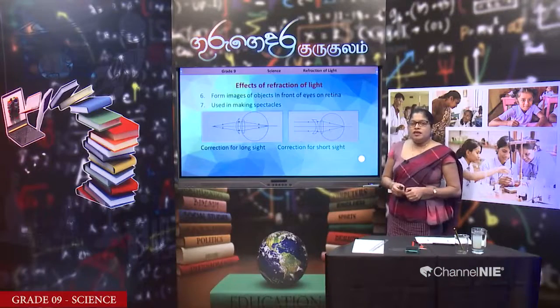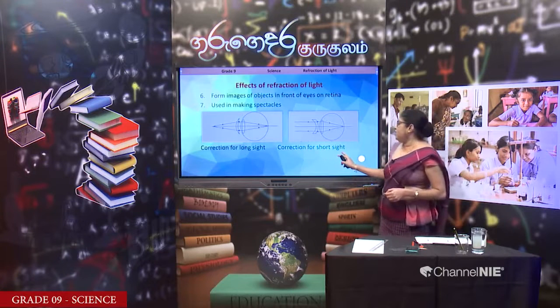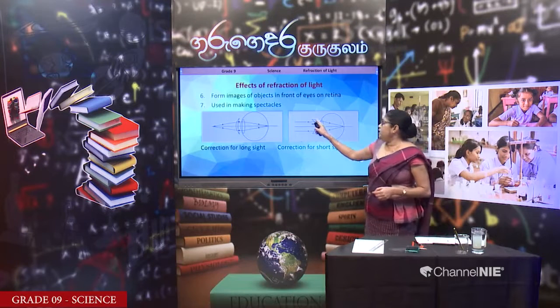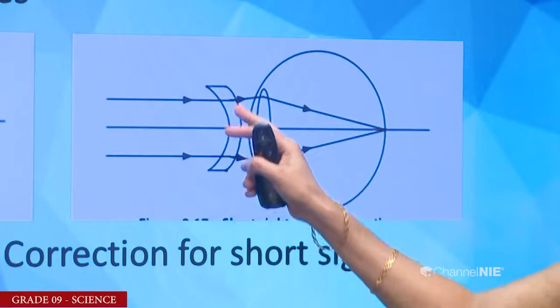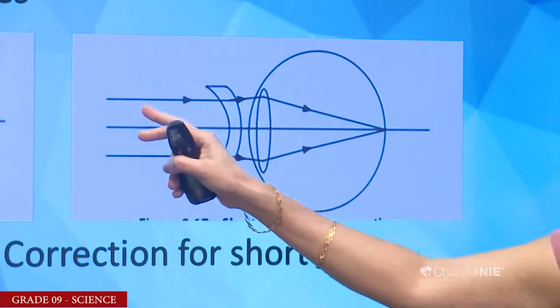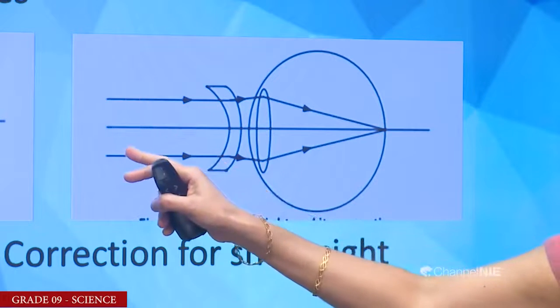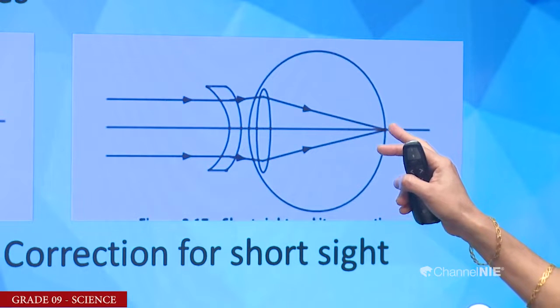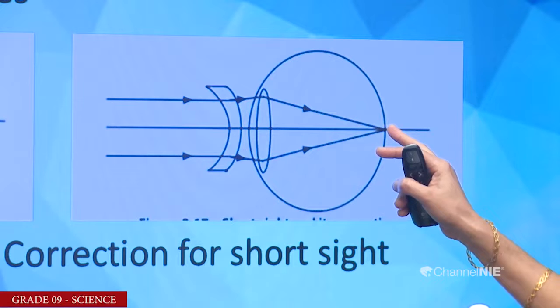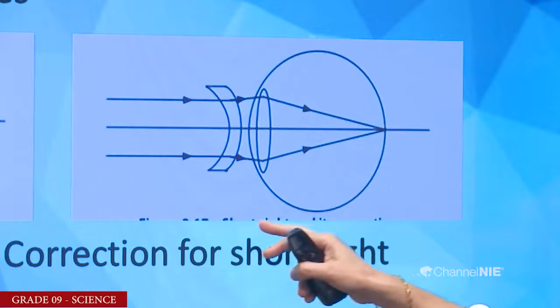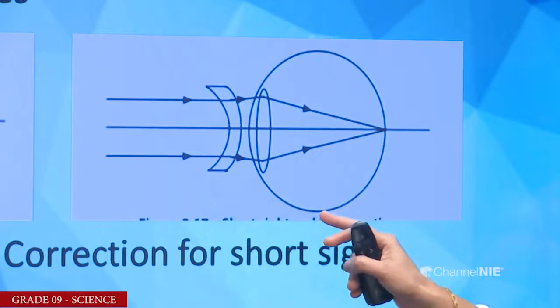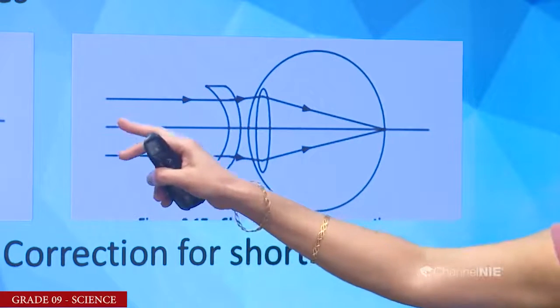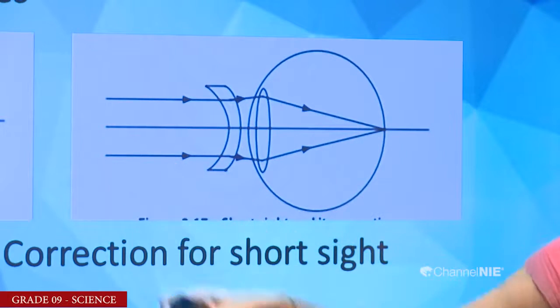When making spectacles for short sight, we have to include a lens like this. So, you can see light rays that are coming from far away objects are focused on this point called the retina, so that people who have short sight can see the far away objects clearly.